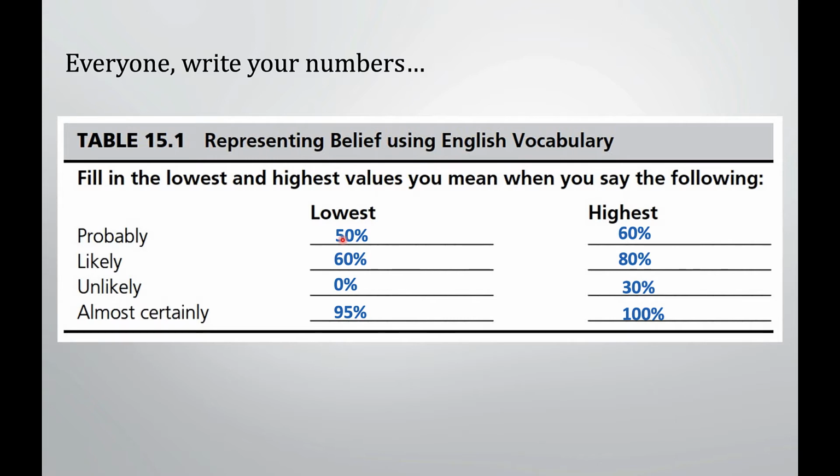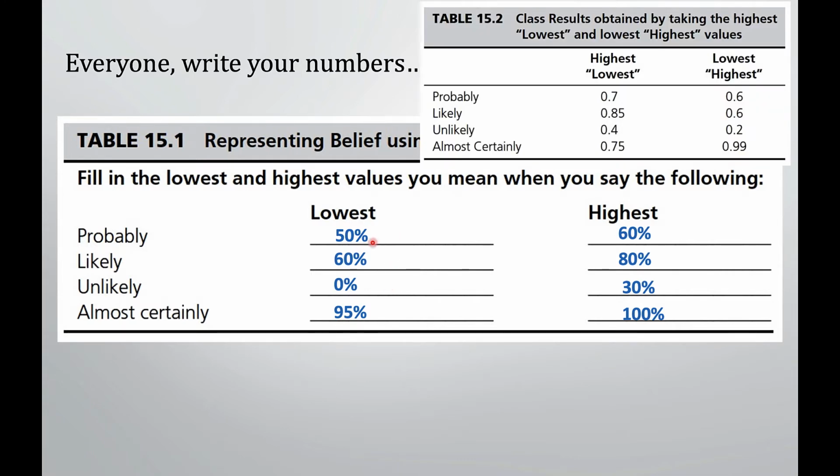As a matter of fact, the writer of our textbook pooled all the numbers written by his students in the class and got this. He looked at everyone's numbers here, and 0.7 is the highest number that people have put under here.